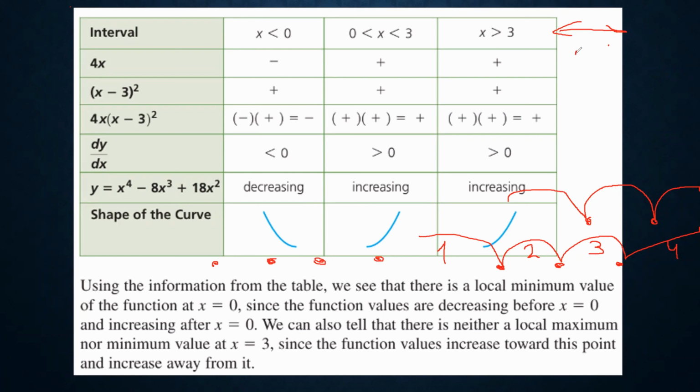Second line: you can list each product term separately and define its sign first, and then write the product sign. But you can also do it in one step if it's easier for you.